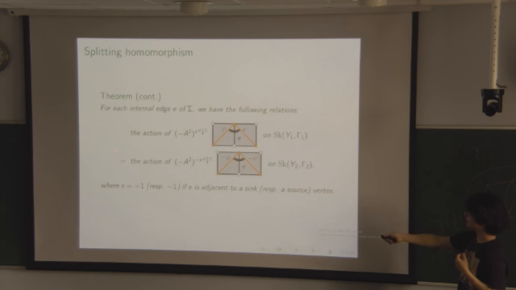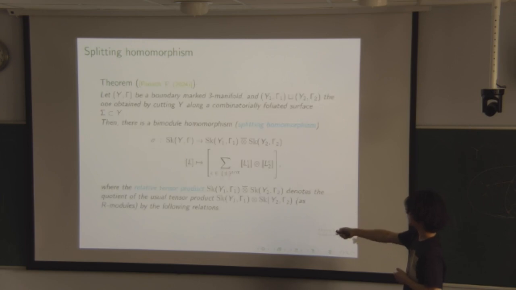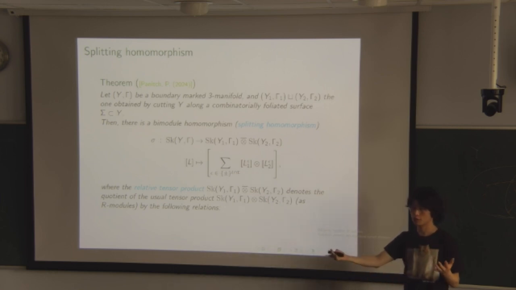And that's basically what this quotient we're taking is. Again, morally, this relative tensor product is really just the tensor product of two modules over the same algebra.